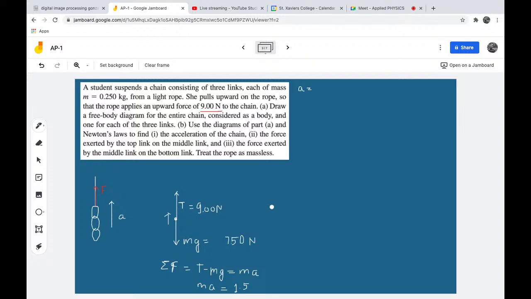How much is m? Do remember we are talking about all the three links together. So it is 1.5 divided by point, sorry, 0.75. That gives you 2. So the acceleration should be 2 meter per second square.